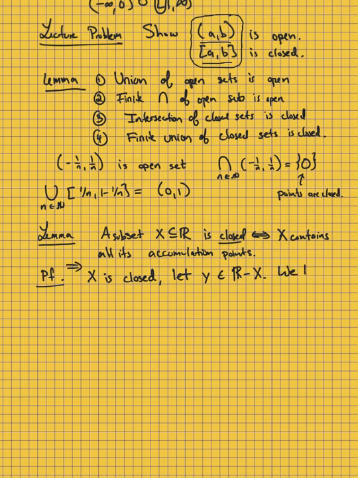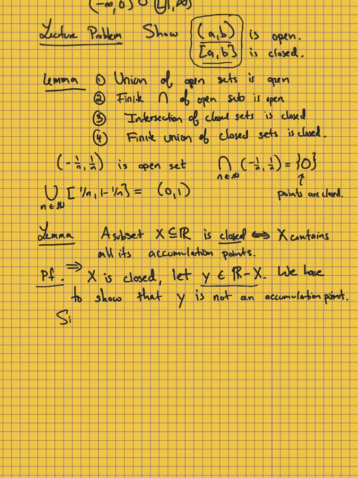We have to show that Y is not an accumulation point. We're not saying that every element of X is an accumulation point of the set X, but if you can show that any element not in X is not an accumulation point, then X must contain all of its accumulation points.